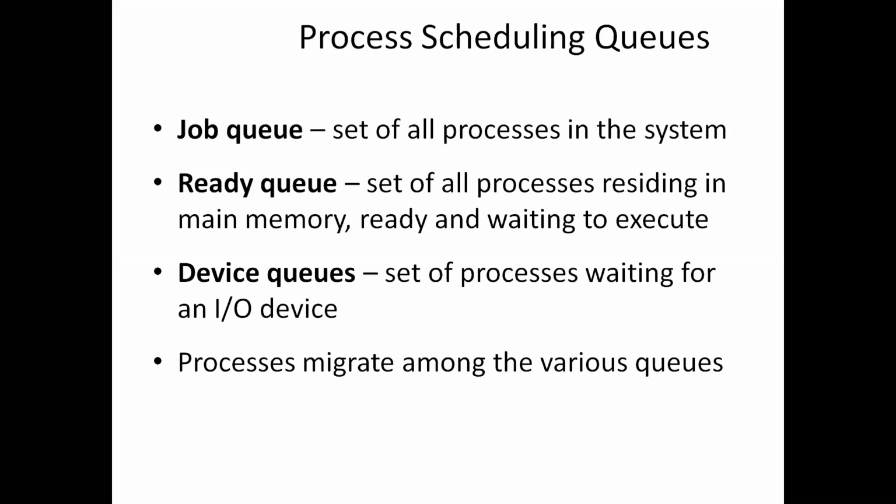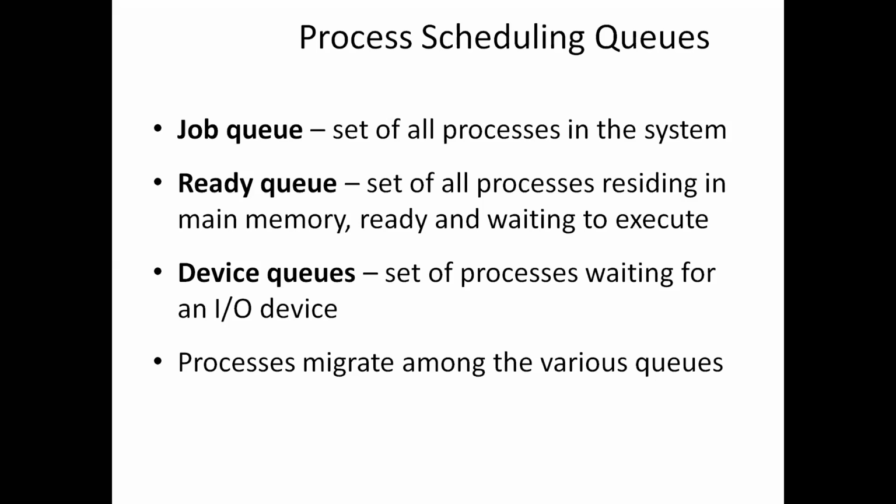Once the process is created and enters the system, it will be put into the job queue. So the job queue will have the set of all processes in the system.